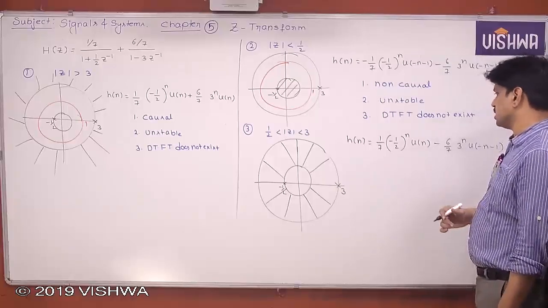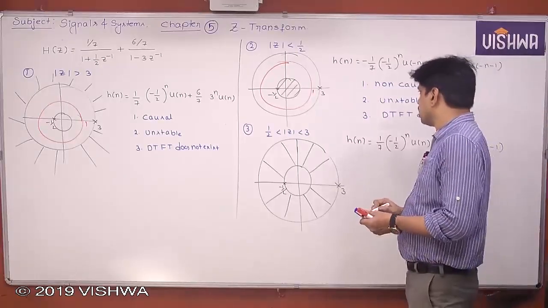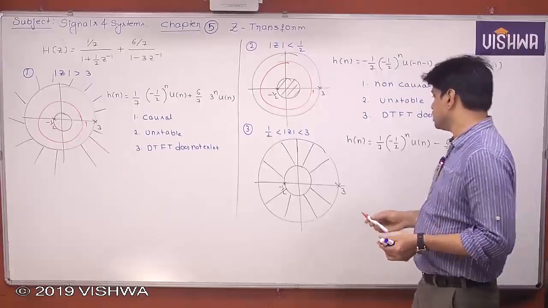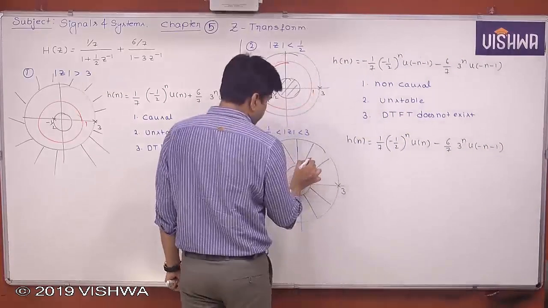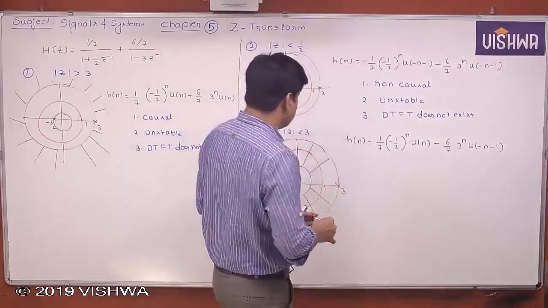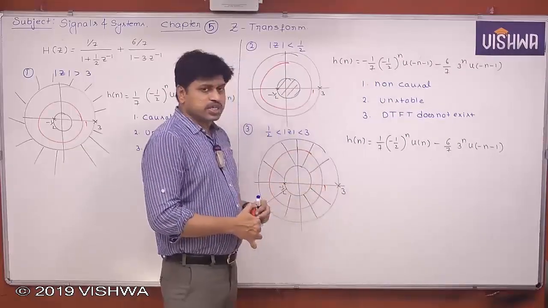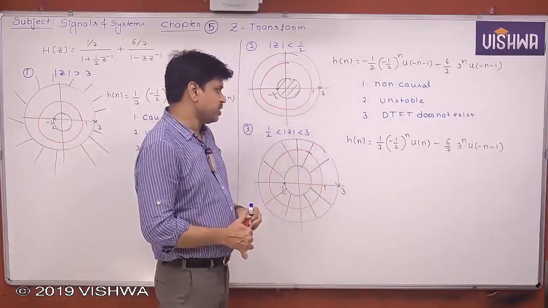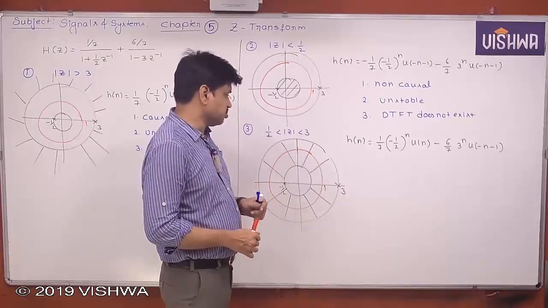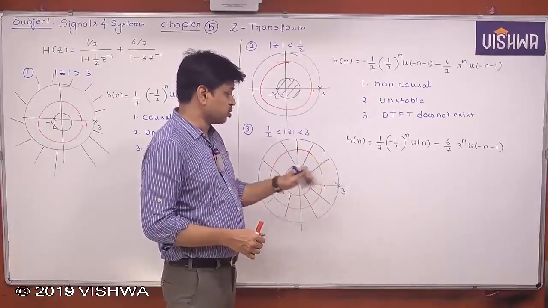So this is the signal. Now we have to comment on causality, stable or unstable, and whether DTFT exists or not. For that we take the unit circle, the reference circle. Now the ROC contains the unit circle. That means definitely it is stable and DTFT exists. And it is a non-causal system because ROC is not outside the outermost circle.